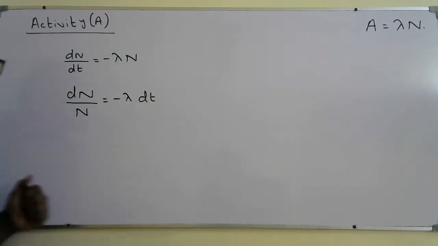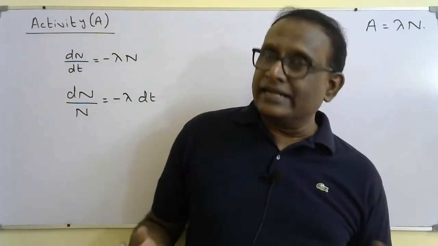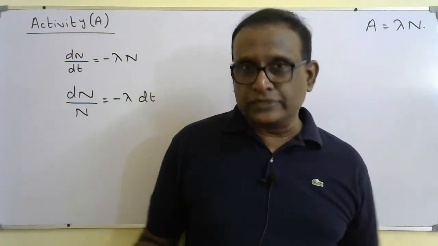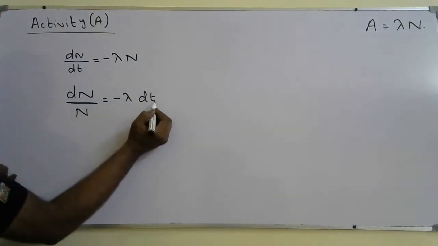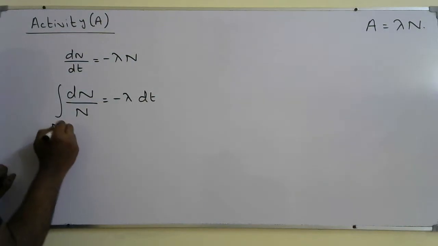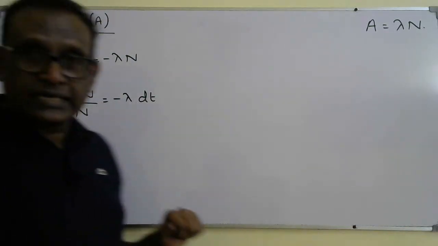Now the integration is not in the syllabus, but I am doing it, as some students like to know that. So imagine initially at time t equals 0, there are N naught number of radioactive nuclei.